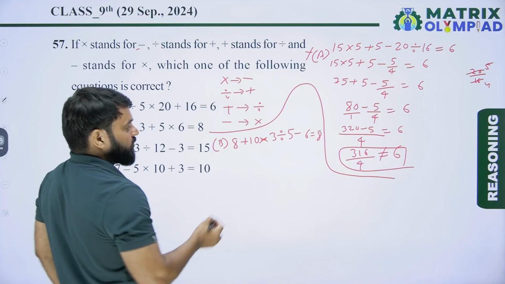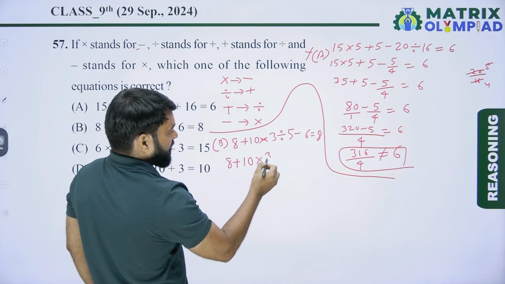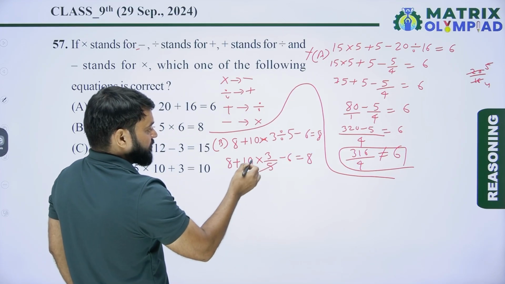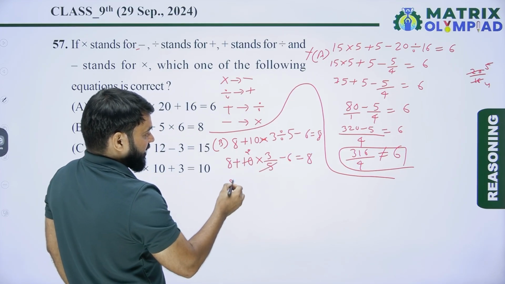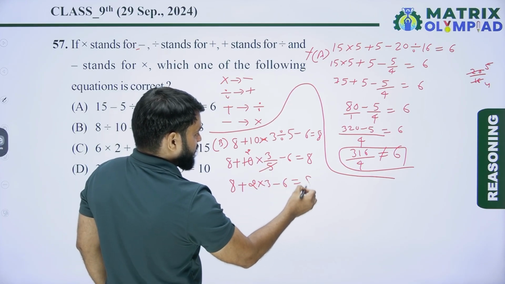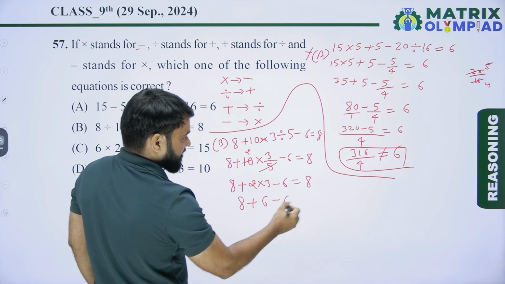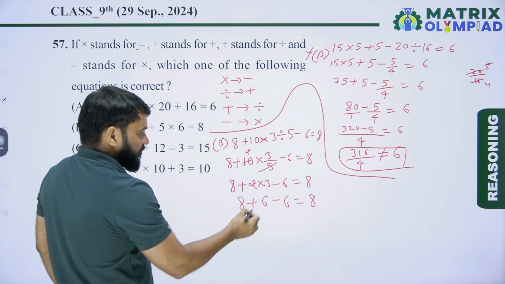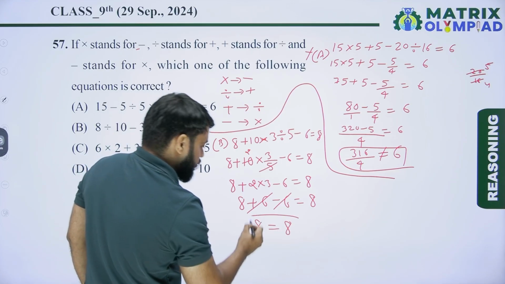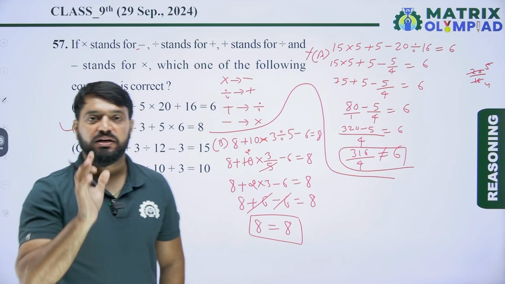Now using BODMAS in this equation, 8 plus 10 multiplied by 3 upon 5 minus 6 is equal to 8. 10 upon 5 is 2, so 8 plus 2 into 3 minus 6 is equal to 8. 8 plus 6 minus 6 means 8 is equal to 8. So here option B is the correct answer of this question.